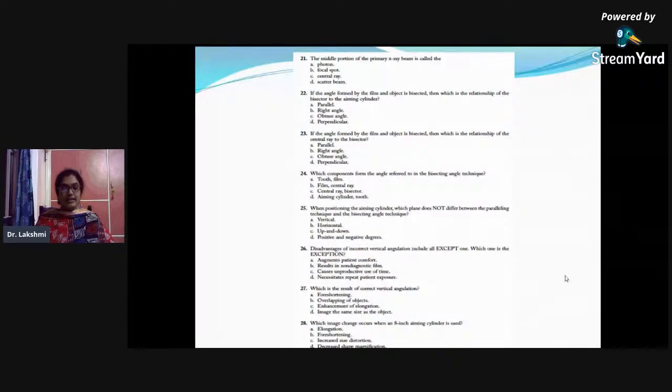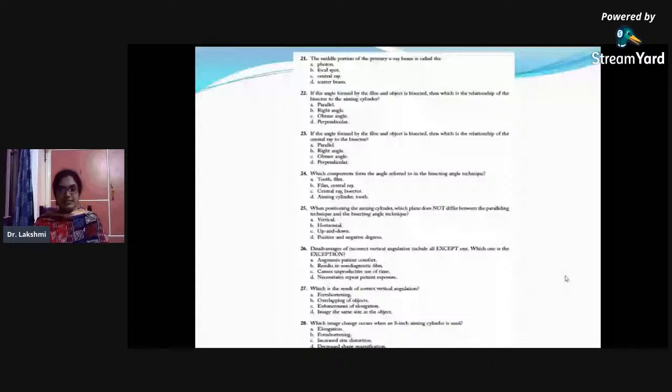Disadvantage of incorrect vertical angulation include all except... definitely, because those radiographs are repeated and that necessitates the repeat of patient exposure, which is unnecessary X-ray exposure. So the first one is not applicable here. So 26th option is A.